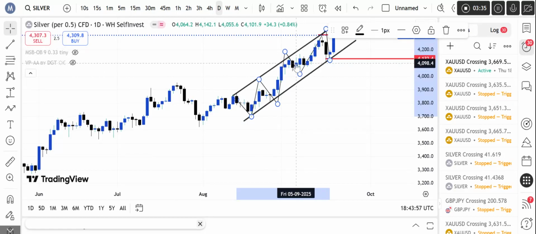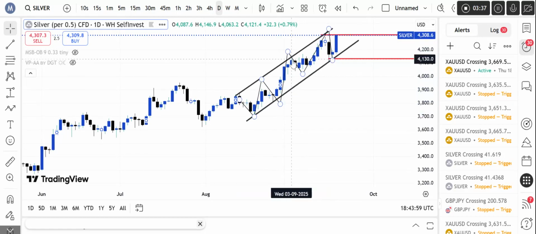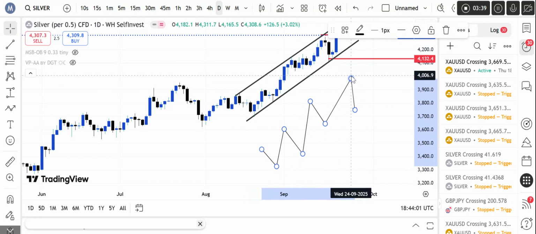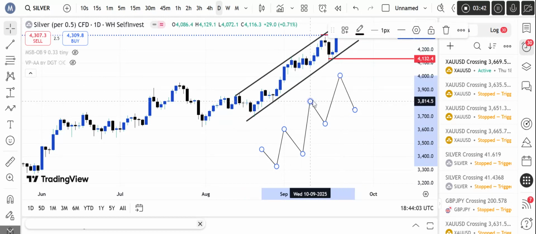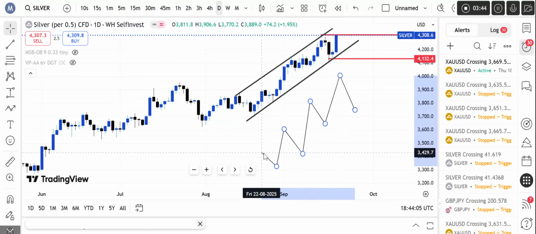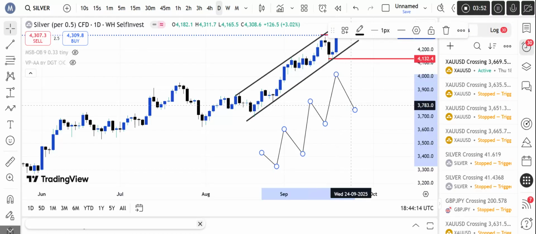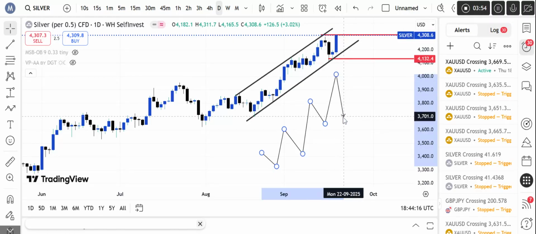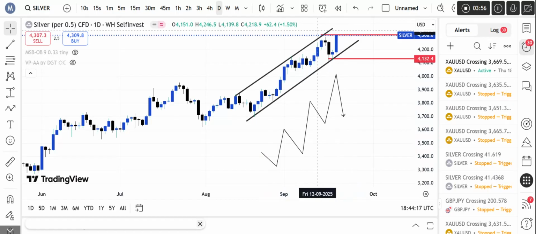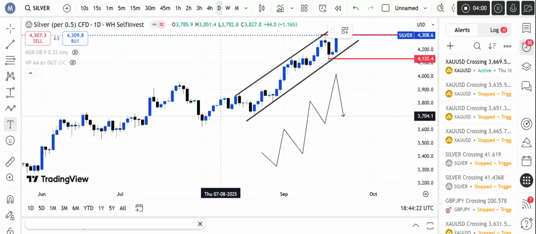So this is what Silver is doing. This pullback started from Monday last week all the way to Thursday. This is exactly what Silver was doing.